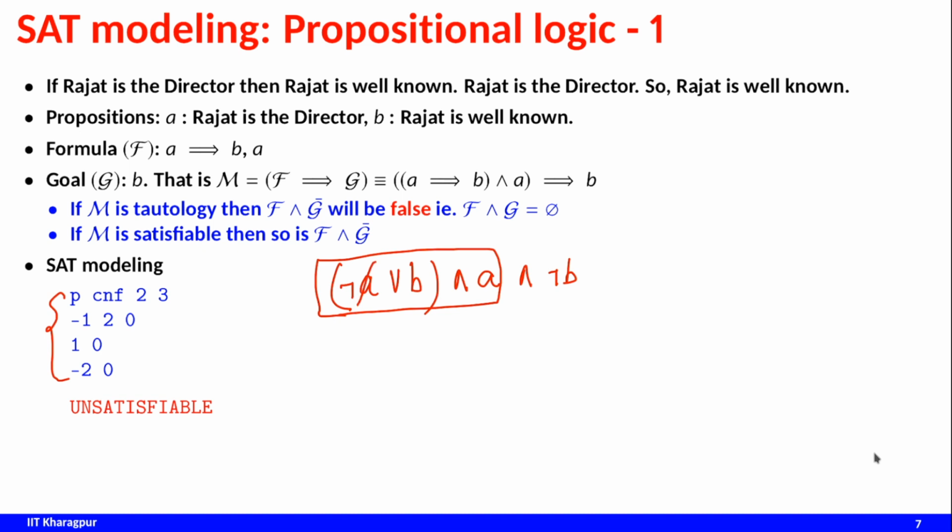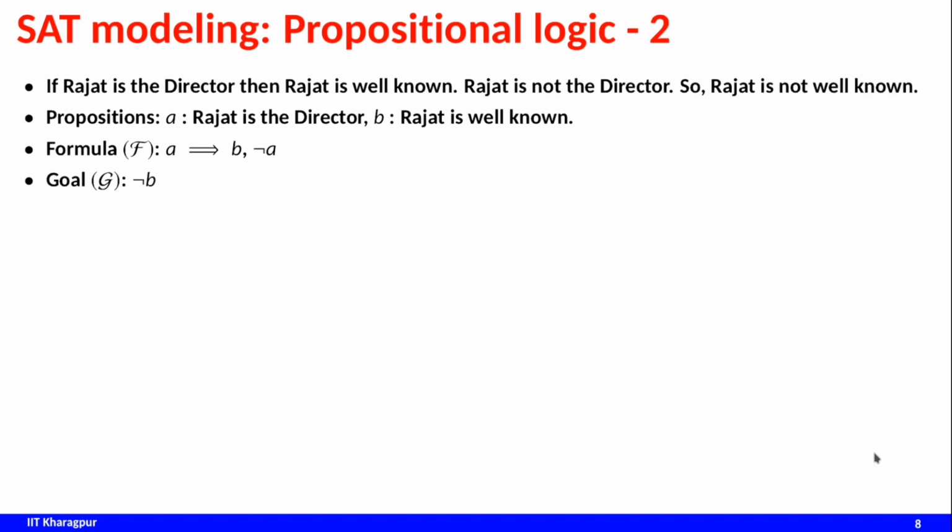So effectively it will yield B and A and not B, which is effectively a null set. That will be returned by the SAT solver as well.